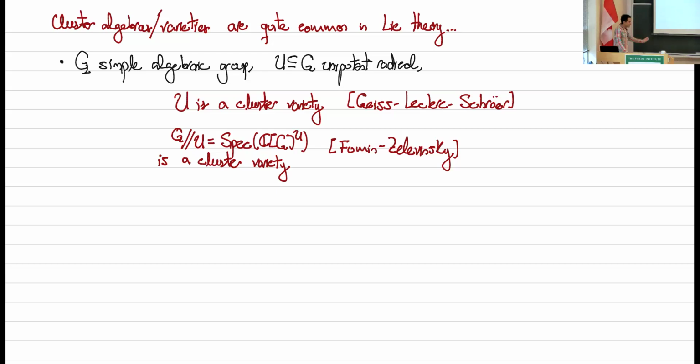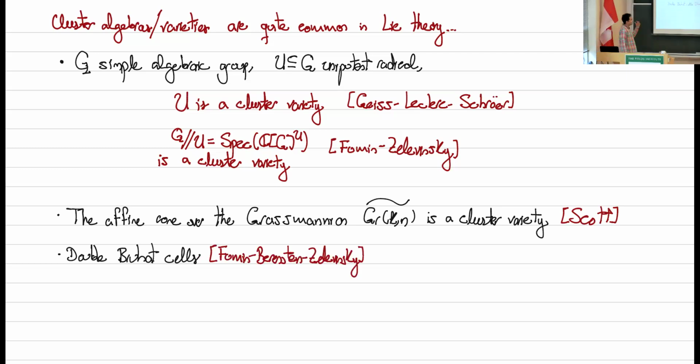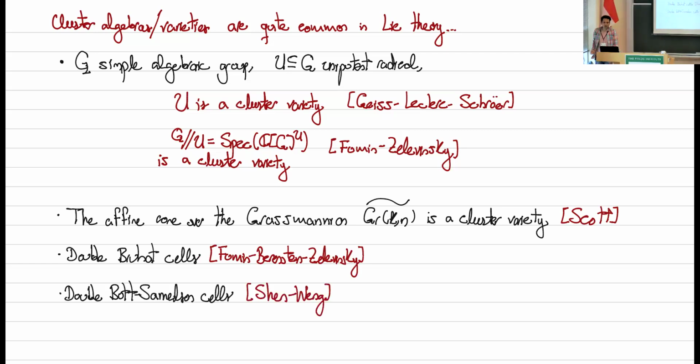And many varieties that appear naturally in Lie theory are cluster varieties. The affine cone over the Grassmannian is a cluster variety. This was proven by Scott around 2006, I think. Double Bruhat cells, the intersection of a Bruhat cell and an opposite Bruhat cell, are cluster varieties. More generally, double Bott-Samelson cells, whatever they are, are cluster varieties.